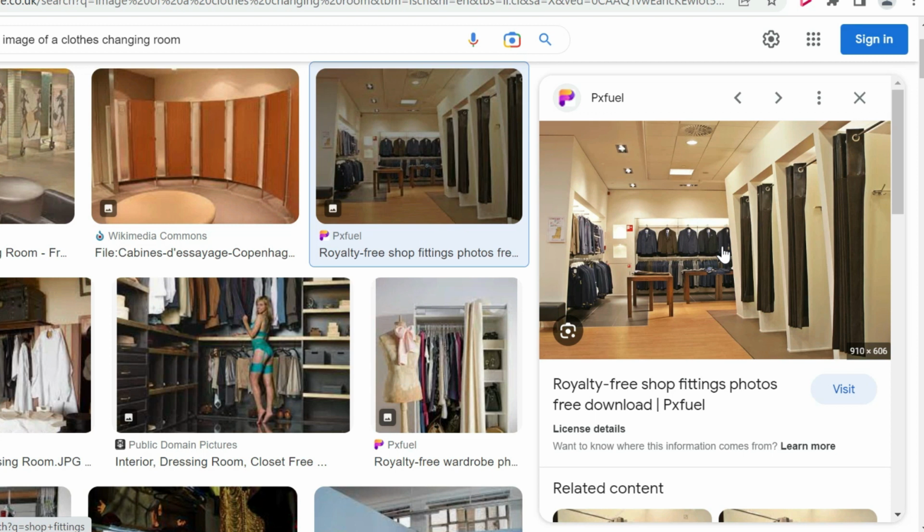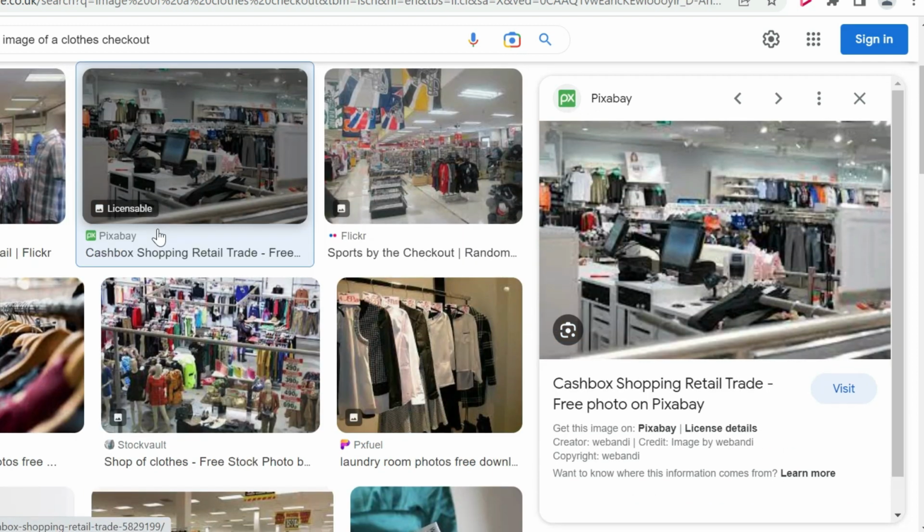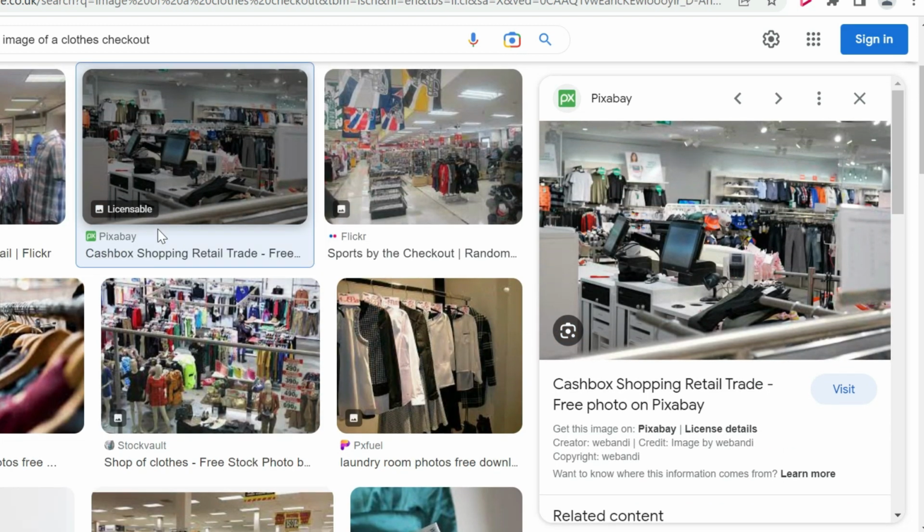Okay? Now, what happens when you pick out the item of clothes that you like? You go to the cash register and you pay for your clothes, you pay for the clothes you buy.